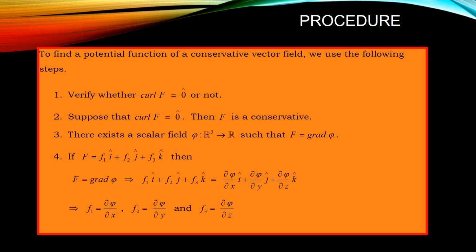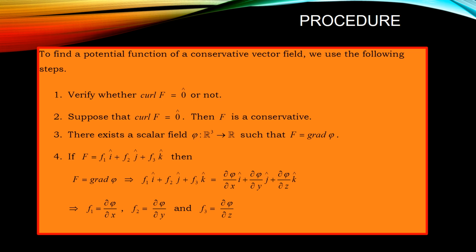In this procedure, let us suppose that curl F equals 0 cap. Then F becomes a conservative vector field. If it is conservative, we need to find out its potential function. That means we need to find out a scalar field whose gradient is the given vector field.